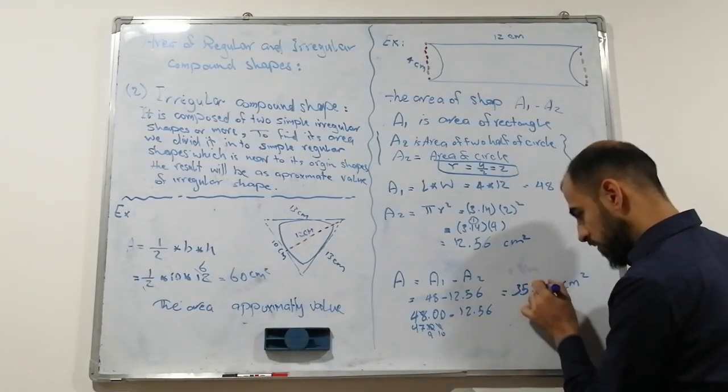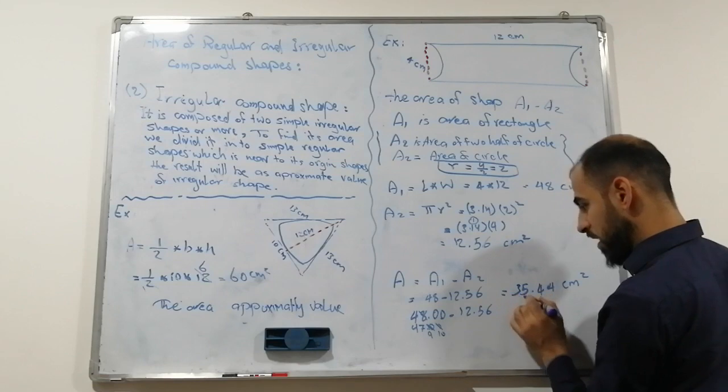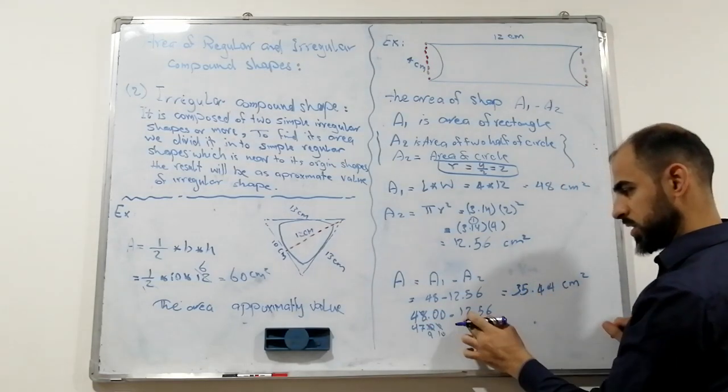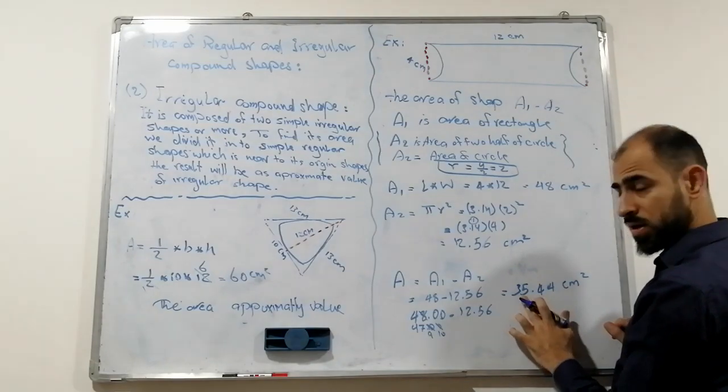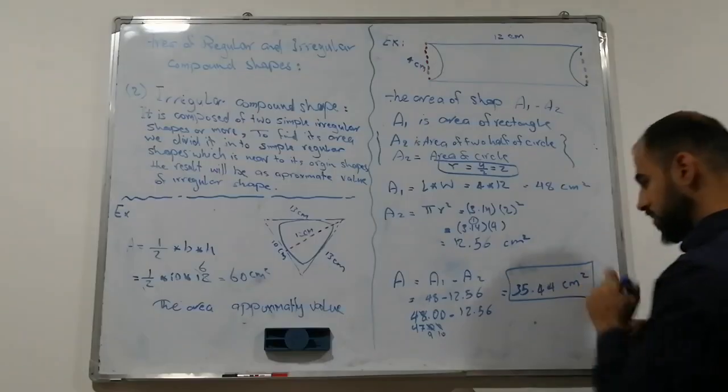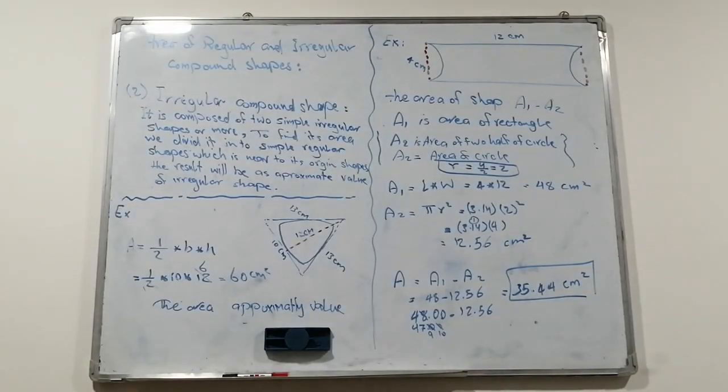And 7 minus 2 is equal 5. 4 minus 1 equal 3. This is the result of subtraction of A1 minus A2.